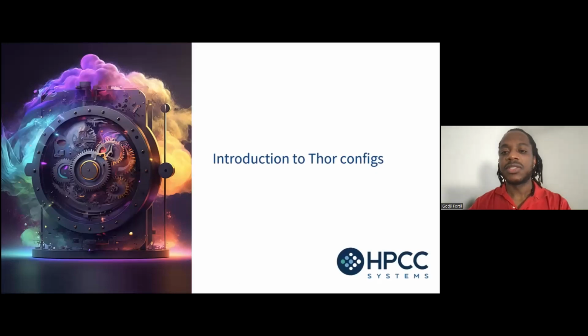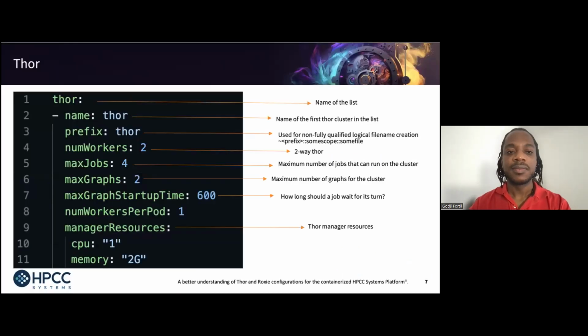So here's an introduction to Thor configurations. Here we have a Thor list of dictionaries. The first line is basically the name of the list. The second line, where it says name, is basically the name of the Thor cluster, and currently the name is Thor.